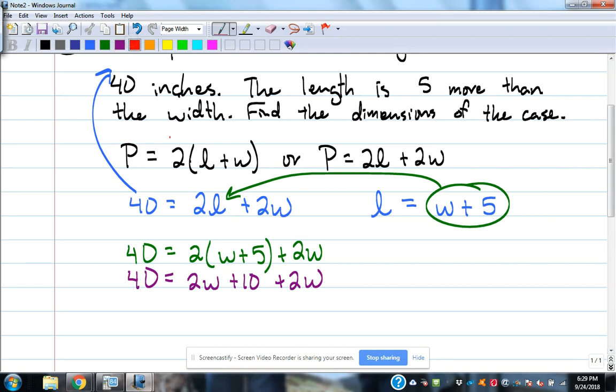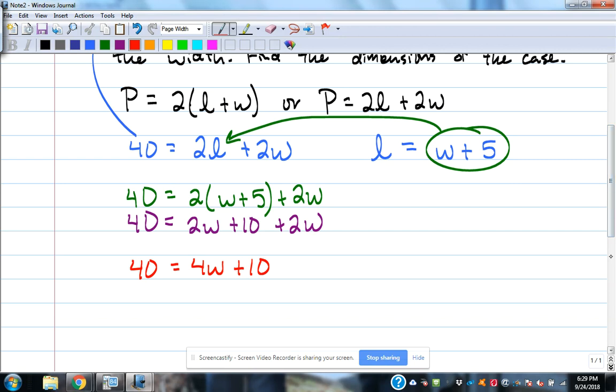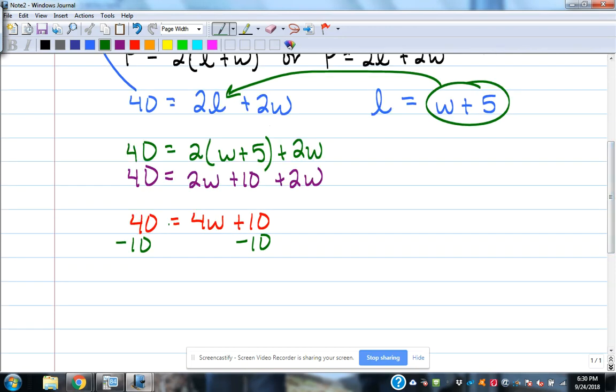All right, so 2W and 2W, 4W plus 10. Now what? Subtract 10, good. Because I'm getting like terms together. 40 and 10 were like terms, so that's 30 is equal to 4W.